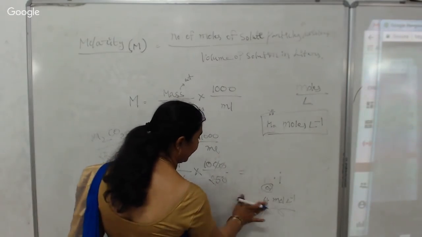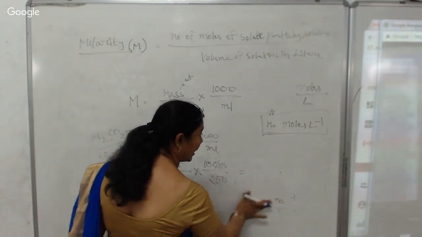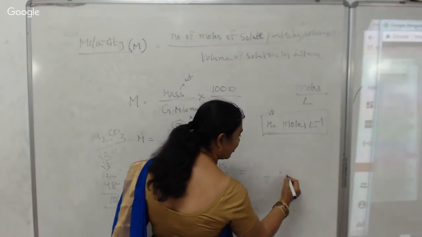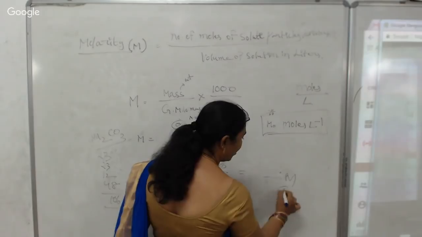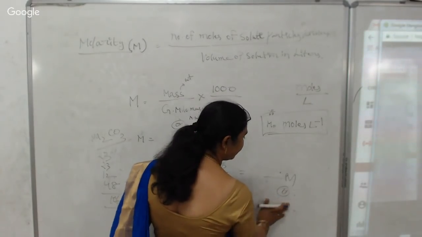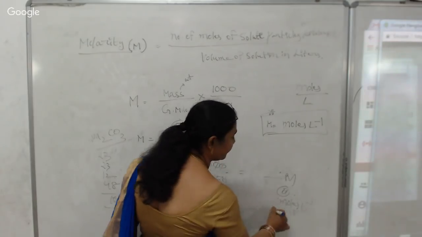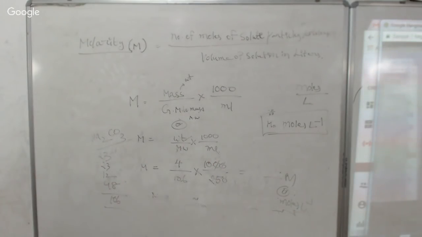You will not get 0.5. Calculate and find the correct answer. The units you will get are capital M, or moles per liter. Is it clear?